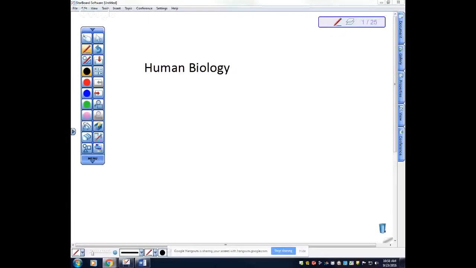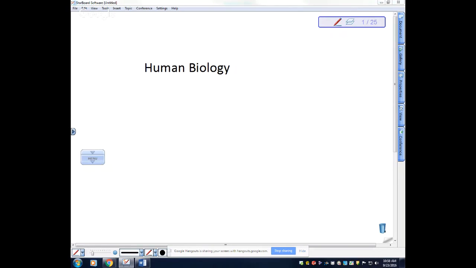This is a starboard, which allows me to write fairly well. So hopefully you can read my handwriting. Sometimes this electronic pen can mess up and it can get a little bit difficult to read, but I'll try to do my best here.